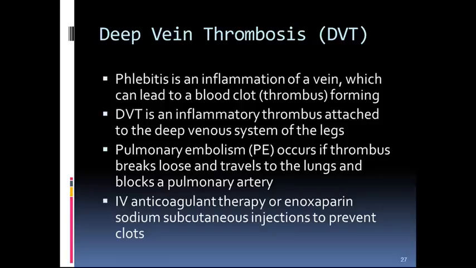Pulmonary embolism occurs if a thrombus breaks loose and travels to the lungs and blocks the pulmonary artery. This can be a very dangerous situation and can kill people. Common symptoms of PE, or pulmonary embolism, are chest pain, unexplained shortness of breath, syncope, hemoptysis, and severe anxiety.